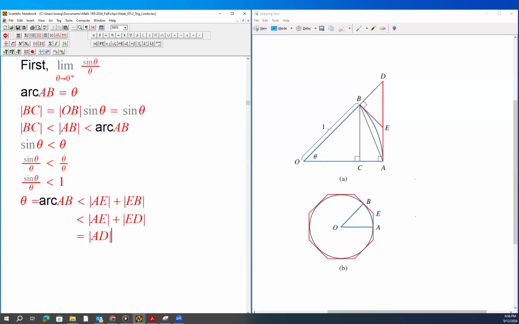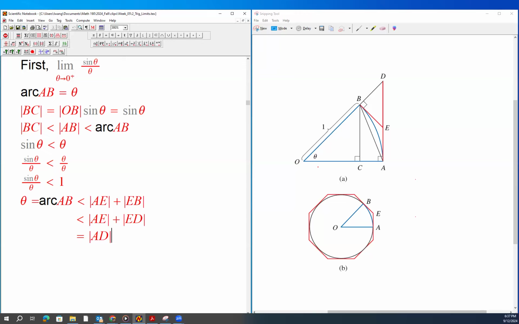Theta is the angle opposite to AD. And the opposite over the adjacent OA is tangent theta.